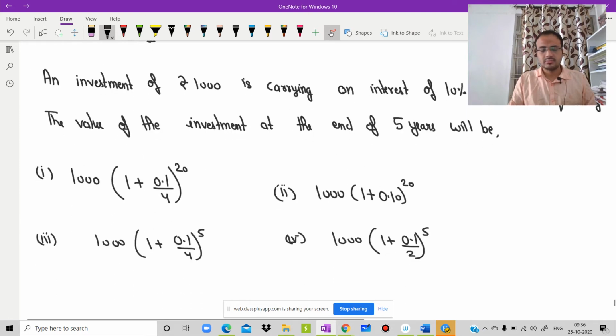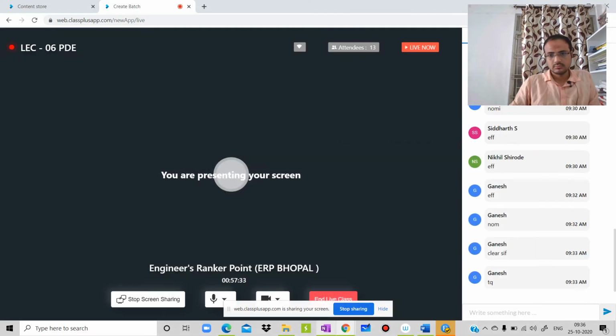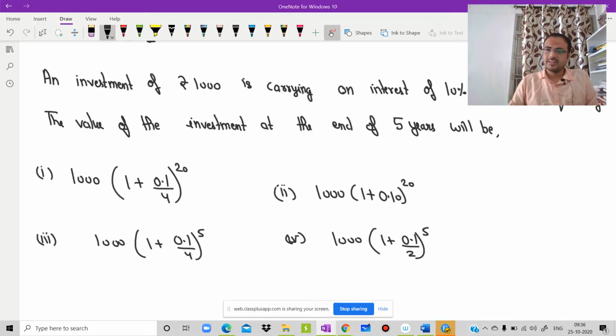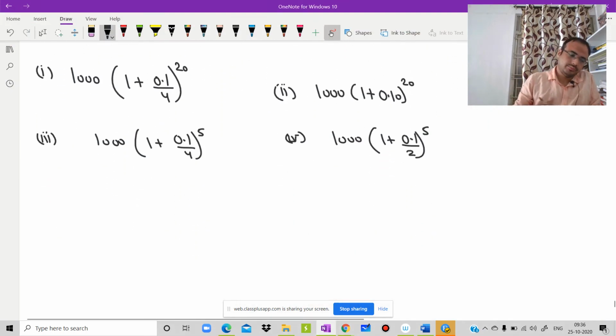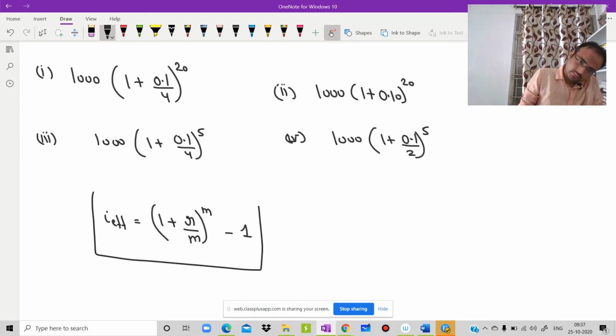So which one is the correct one? Just try to think. You have 2 minutes. You know the formula of I effective, that is (1 plus R by M) to the power M minus 1. Use this formula and your mind also.